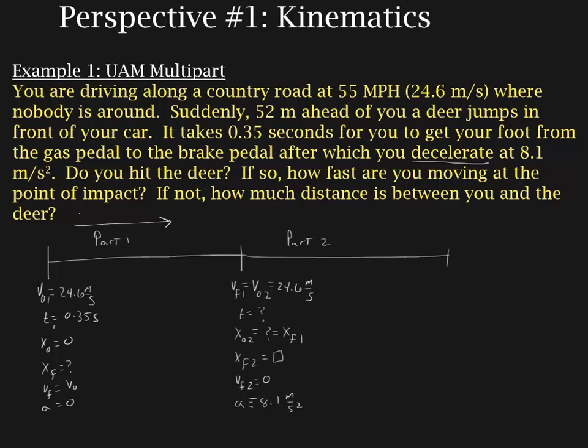If we say that x initial is right here for the whole problem, this is the origin, and that is 0, we know that this x is an unknown quantity. This x is also an unknown quantity. But the deer is at 52 meters, which means the deer is going to be here or somewhere over here, but we don't know where.